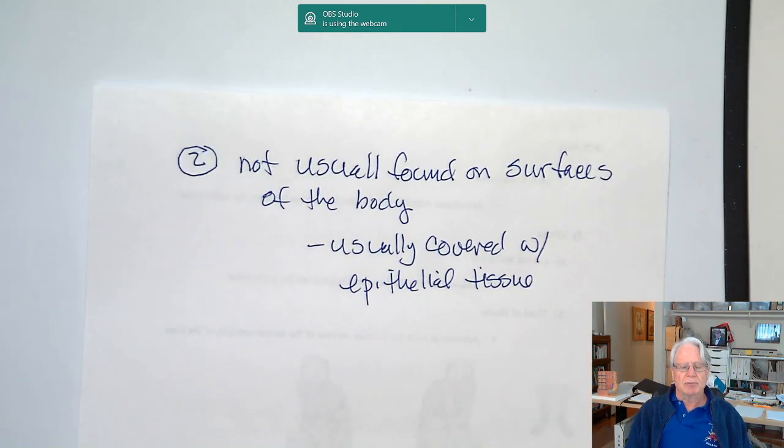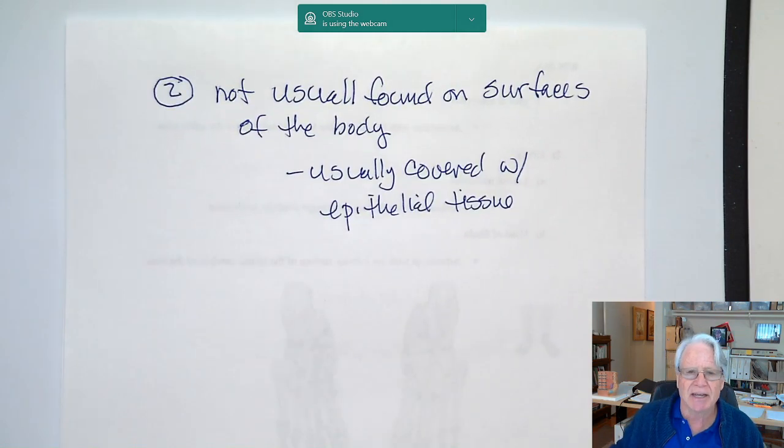It's not exposed. So as we go through and look at various types of connective tissue, almost all of them will have some sort of covering around them that has epithelial tissue as part of its composition. So, for example, bones have something called a periosteum, and this is a thin layer of tissue that surrounds the bone tissue, and part of that layer is composed of epithelial cells.